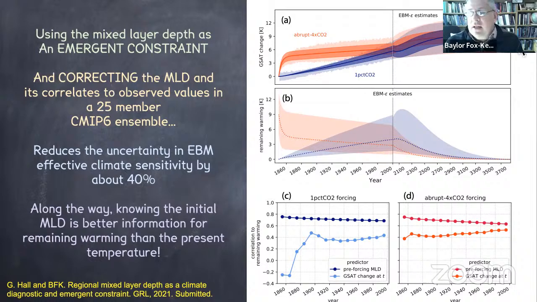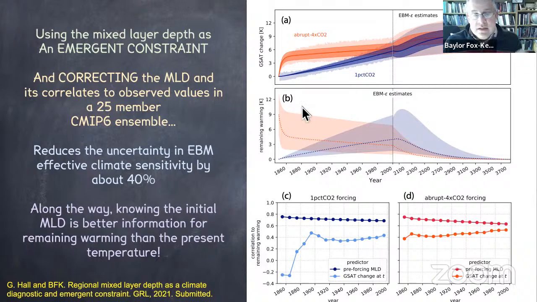And you can see that by the time we get out here to when we would evaluate an equilibrium climate sensitivity, we're getting a pretty substantial reduction of about 40% in the climate sensitivity. It's a little bit lower, about 20%, in the transient climate response at the end of the 1% CO2 increase.